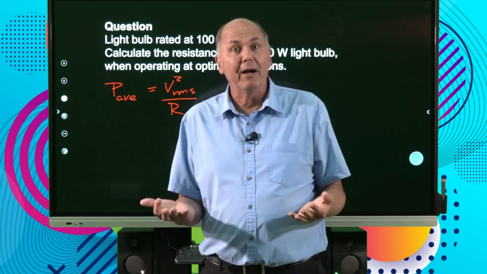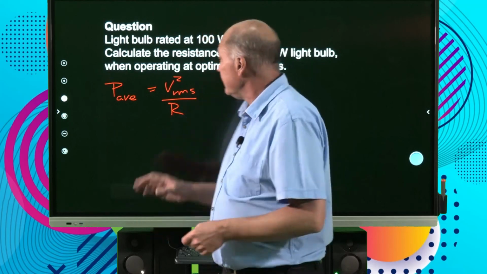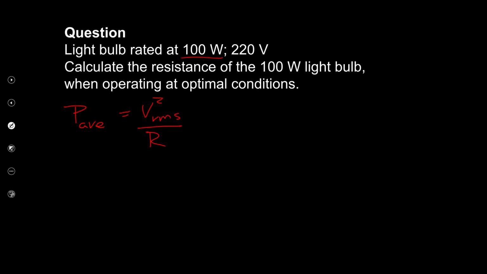So what's the average power? Remember what I've said. In the question, we've been given average power. Whenever the rating is given, it's the average power. And we've been given the Vrms. So let's put the values in, and we're not going to have a difficult time with this.